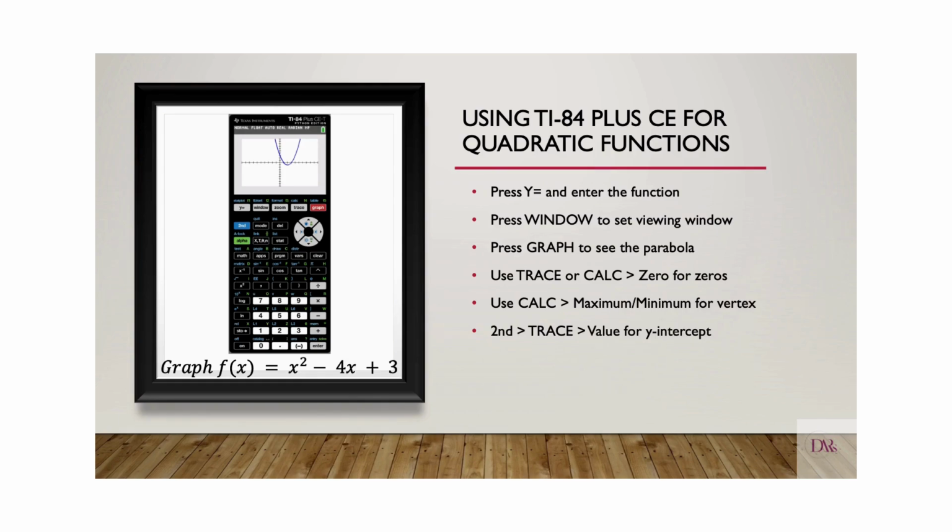You press Graph to see the parabola, and you can Trace or Calc to find your zeros. You can also use Calc for your minimum or maximum for the vertex, and you can also Trace to find your y-intercept. So becoming more familiar with your calculator will give you the option of actually making sure that you have correctly answered the full question.